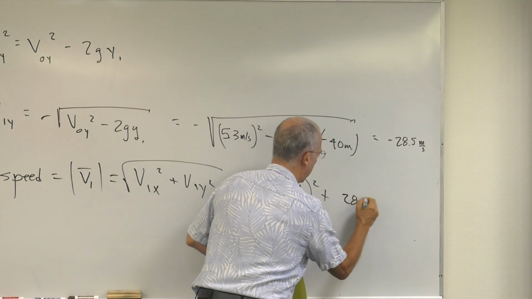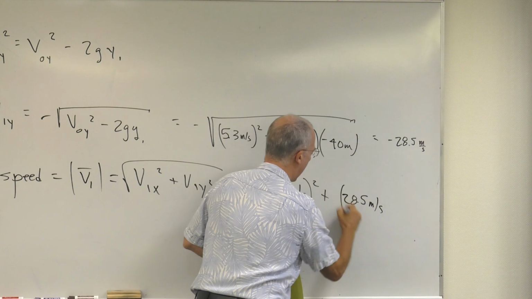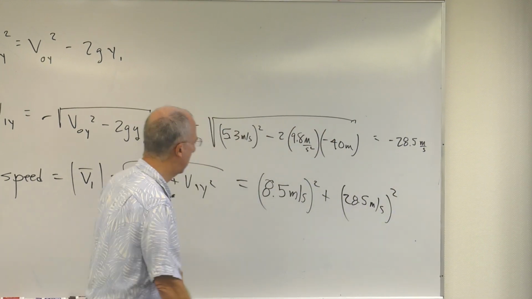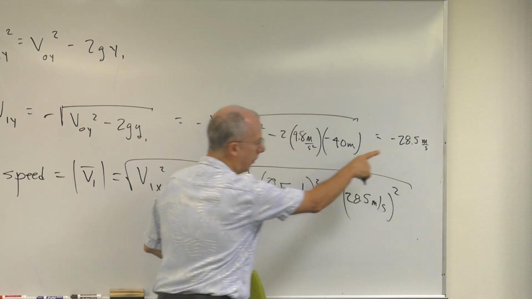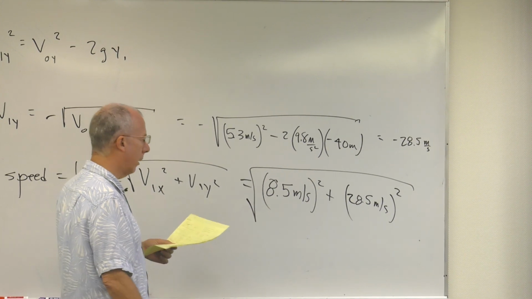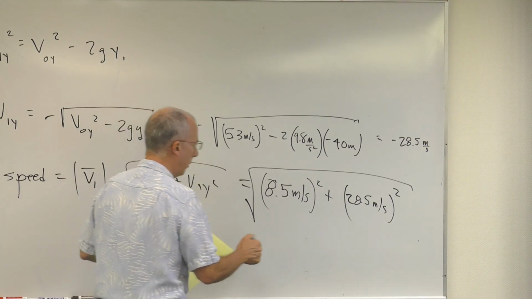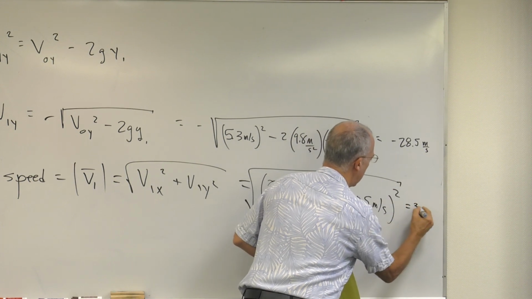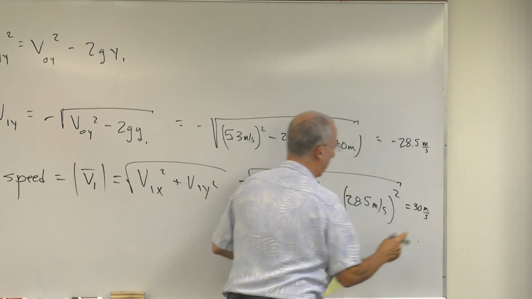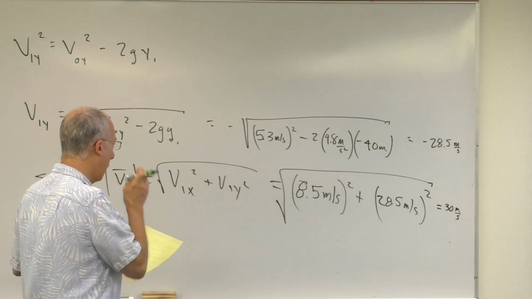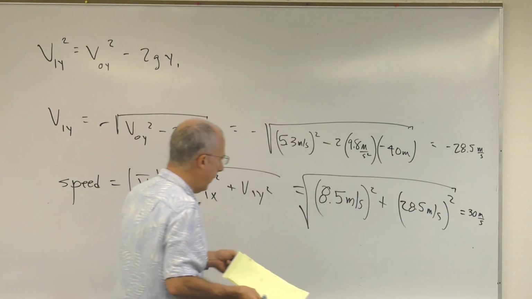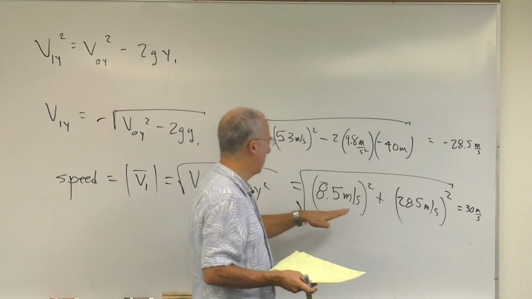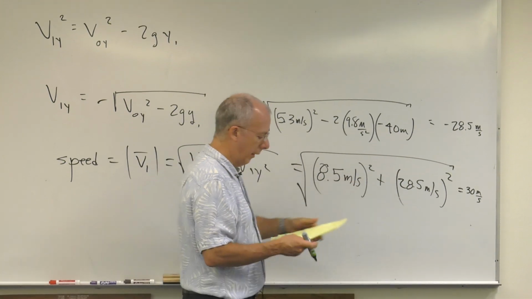I don't care about the minus because I'm squaring it. I'll care about the minus in a minute when I get the angle. And I promise you, when you do that, you get 30 meters per second. Which seems reasonable, right?